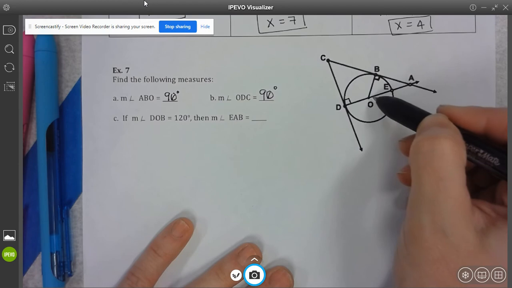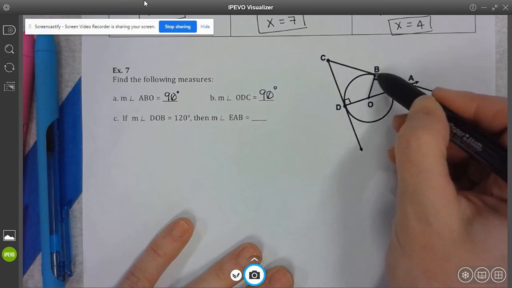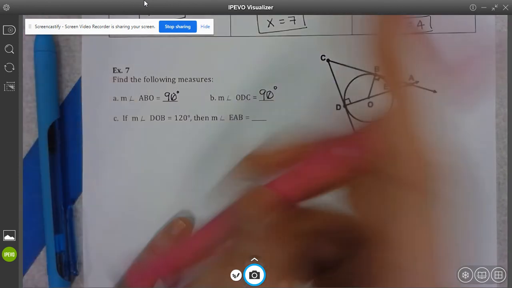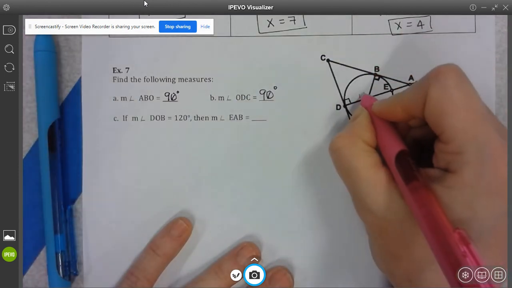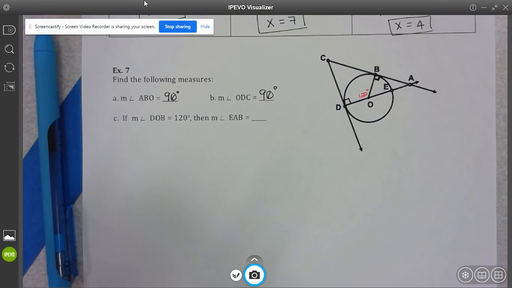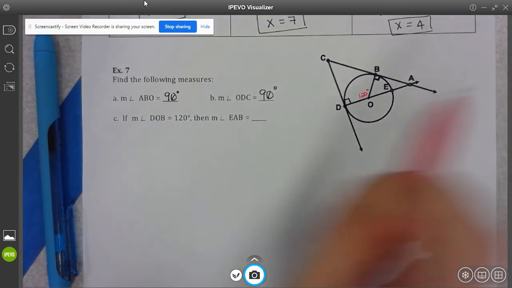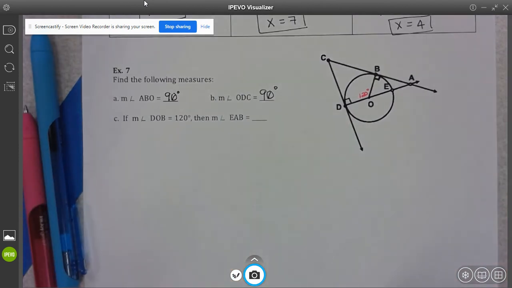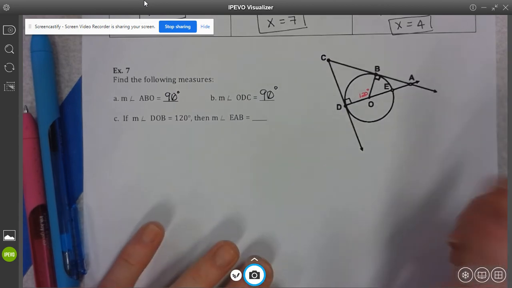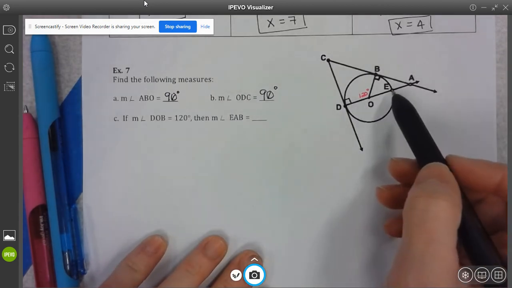If DOB is 120, let me grab another color. So here's 120. We have to find EAB. Okay. So any 2 angles that meet and create a straight line are supplementary.